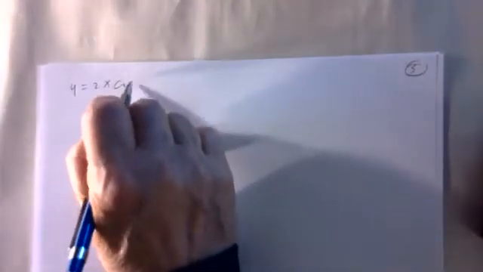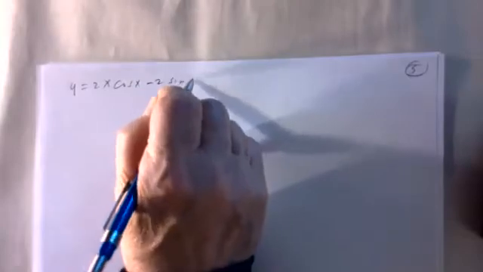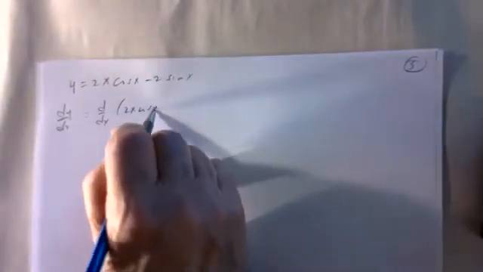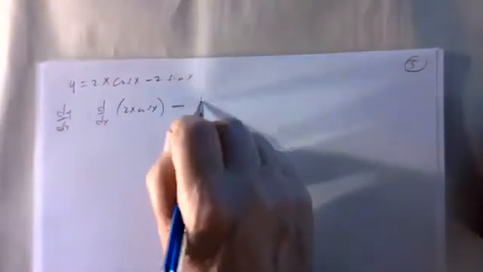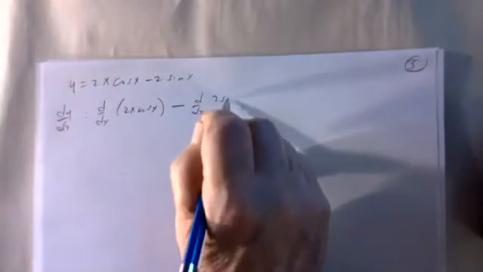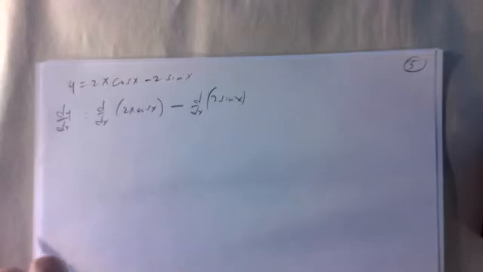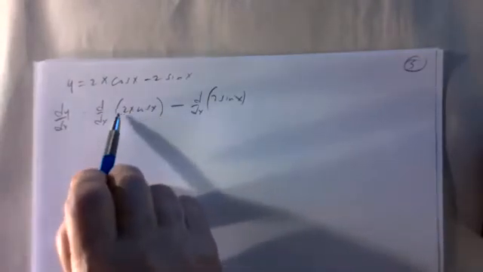Let's do another example. Suppose y is 2x cosine x minus 2 sine x. What is dy dx? Well, it's the derivative of this difference. That's the derivative of 2x cosine x minus the derivative of 2 sine x. This is a product.